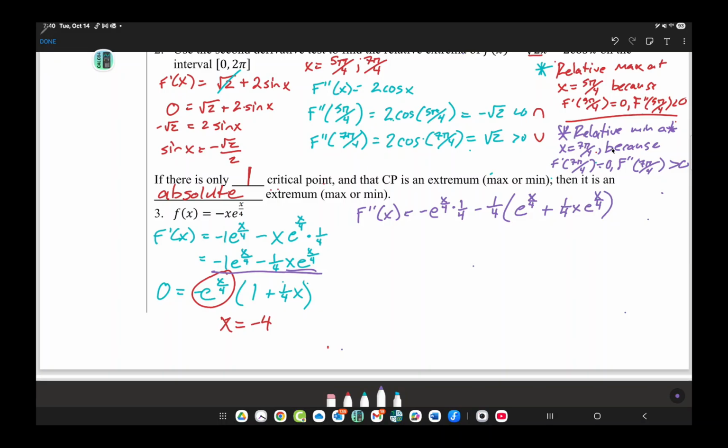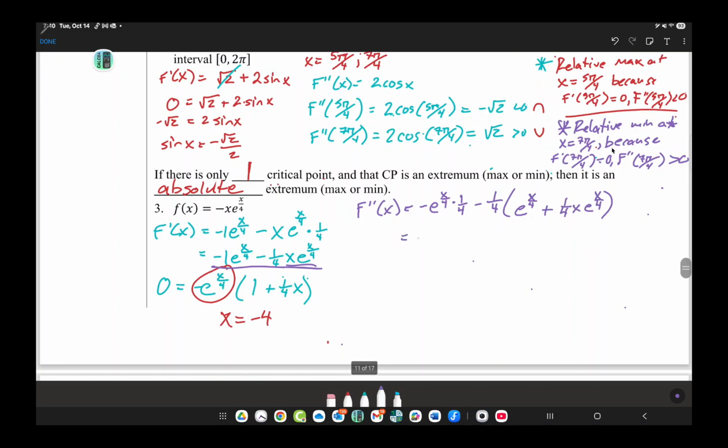Because I took the negative 1/4 out, I didn't have to worry about the negative or the 1/4. All right, you can distribute that through if you want. Negative 1/4 e to the x over 4 minus 1/4 e to the x over 4. So that just combines to be negative 1/2 e to the x over 4, and that is minus 1/16 x e to the x over 4.